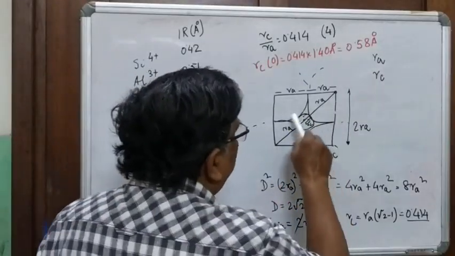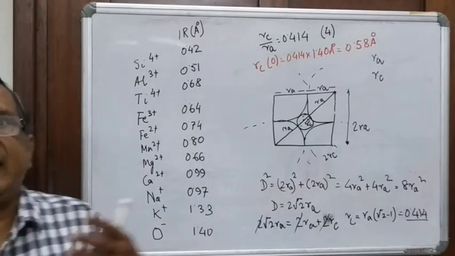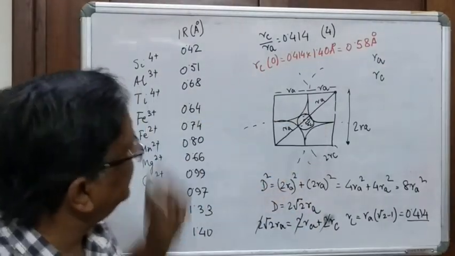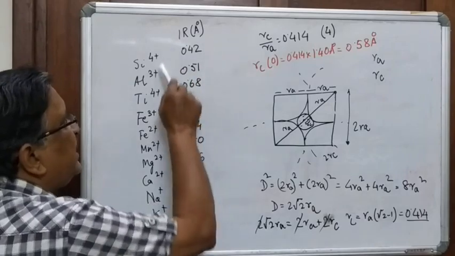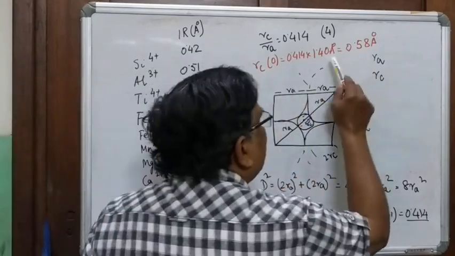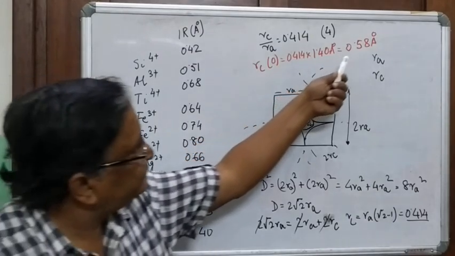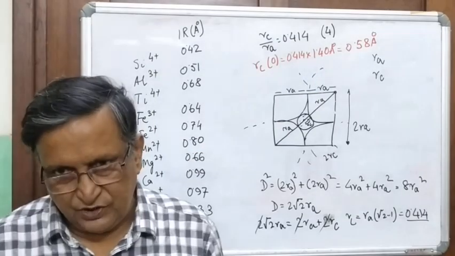If the ionic radius is larger, then it cannot be admitted into this arrangement. So you can see here, none of these elements really perfectly fit into this value. Have you understood? They do not perfectly fit into this value.